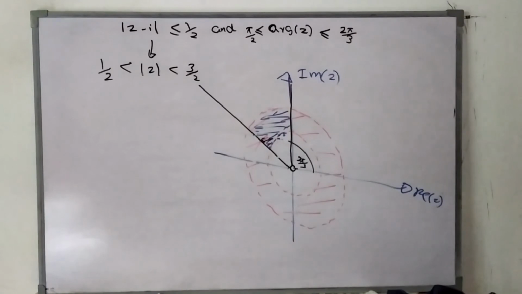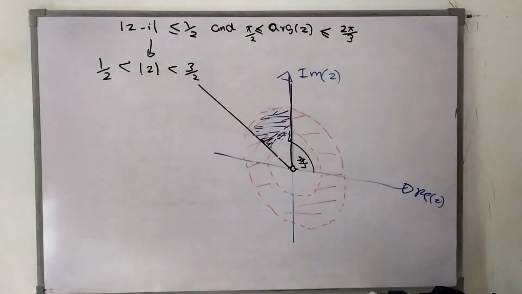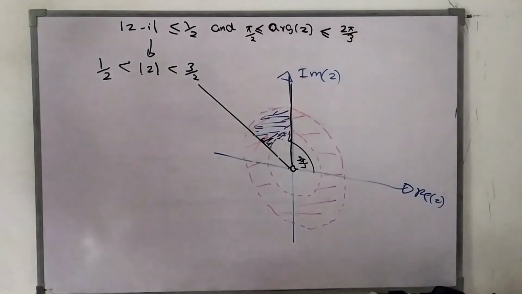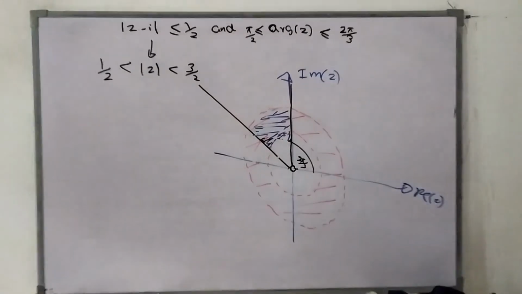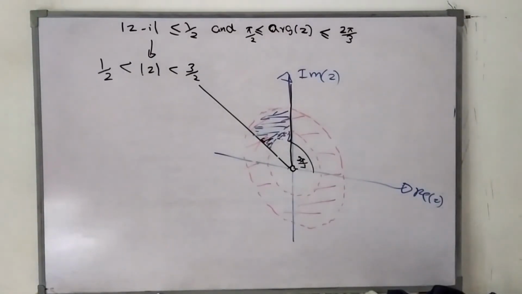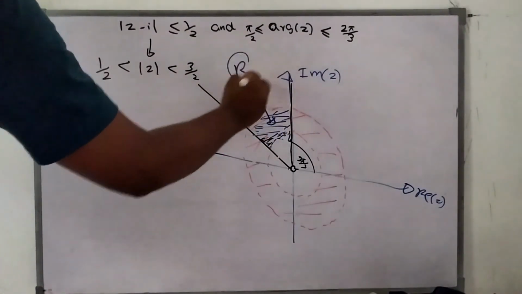So this is the common region. Okay. Capital R, the region.